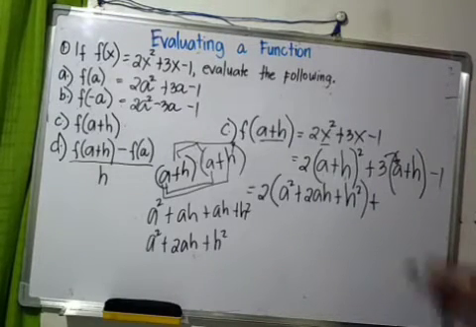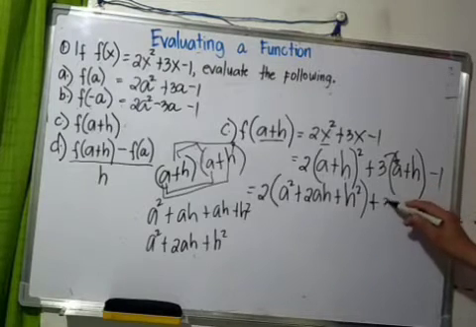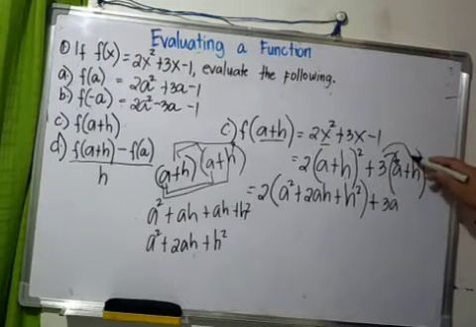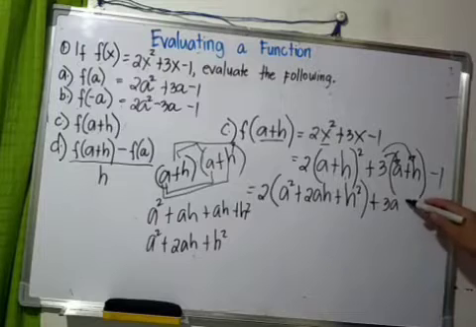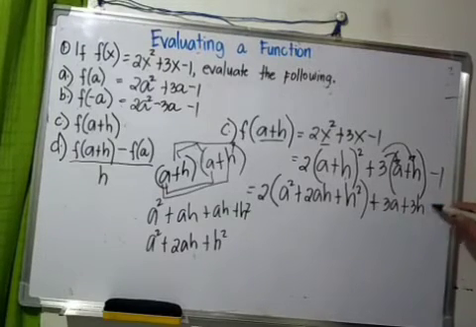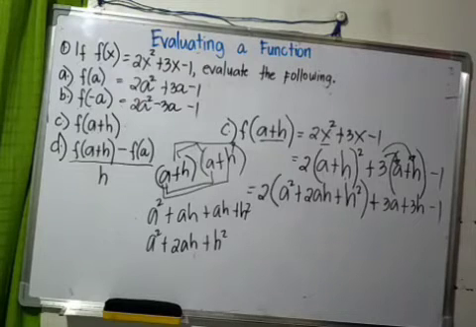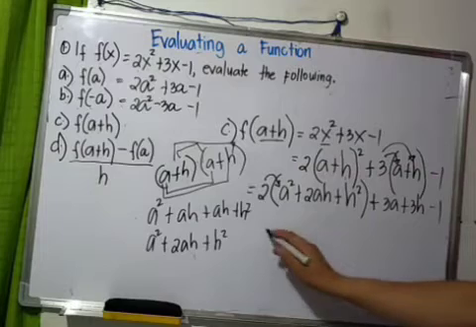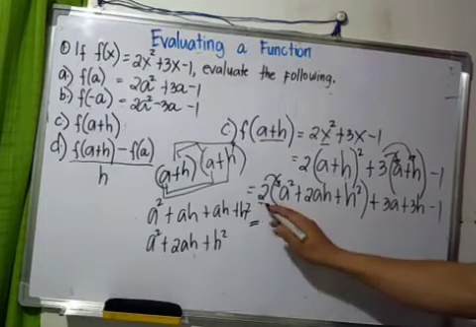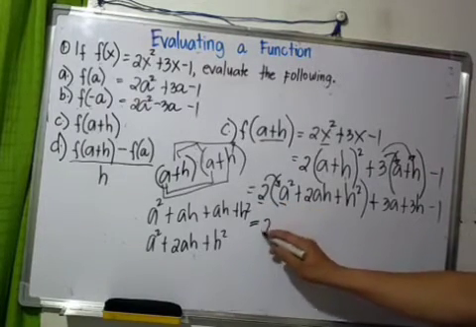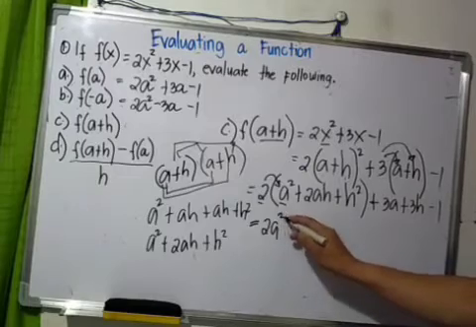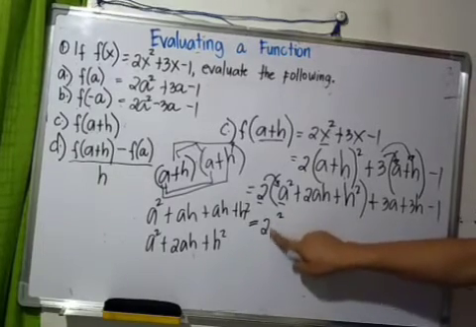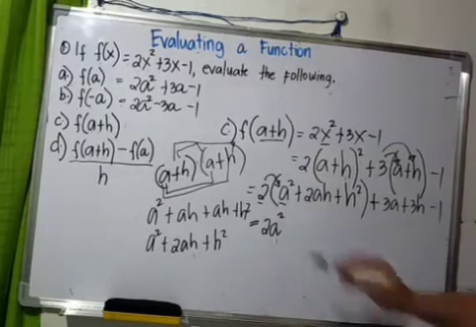So, 3 times a, that is 3a, then 3 times h, that is 3h, minus 1. Next, need to simplify again. So, distribute this one. So, magiging 2 times a squared, that is 2a squared.